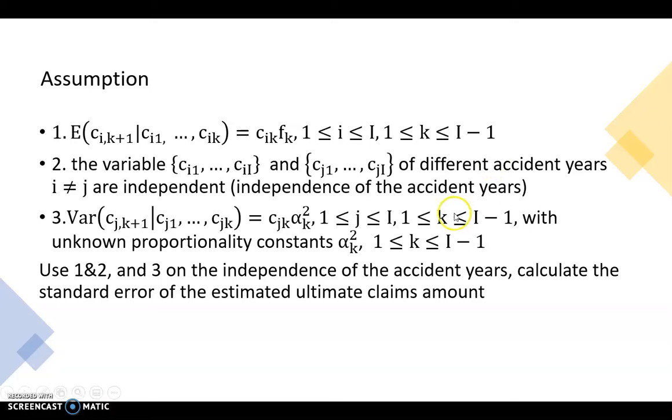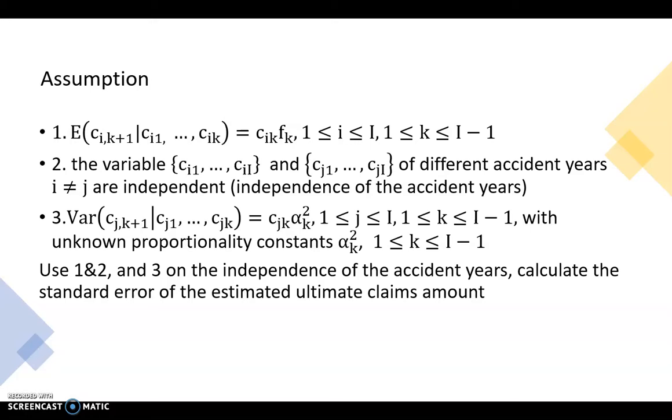The last one here is to calculate the variance. However, this one may not be as hard as the other two assumptions, because it needs further checks to see whether it is met for every runoff triangle, and it cannot be used as an a priori assumption.